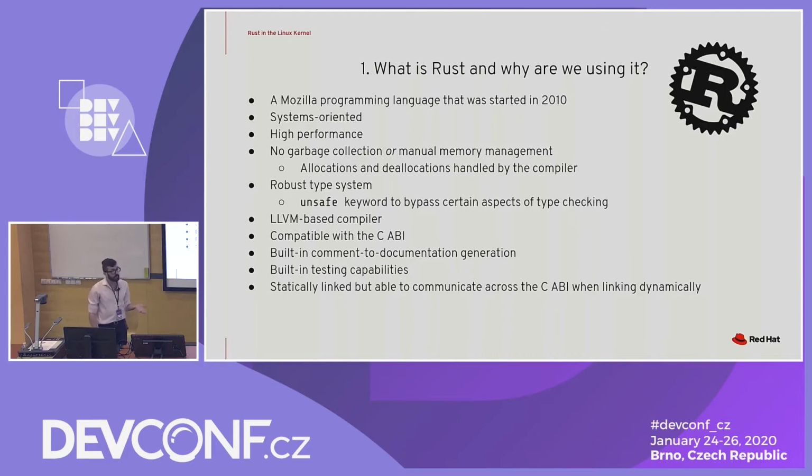It has a robust type system that is going to allow you to use unsafe to opt out of those stricter security checks. And it's LLVM based, so it's going to give you a lot of those really nice optimizations. All of that together with the existing ecosystem of out-of-the-box documentation and built-in testing capabilities make it a really attractive option for a lot of people.